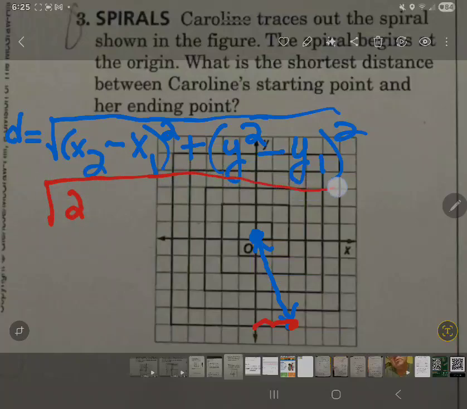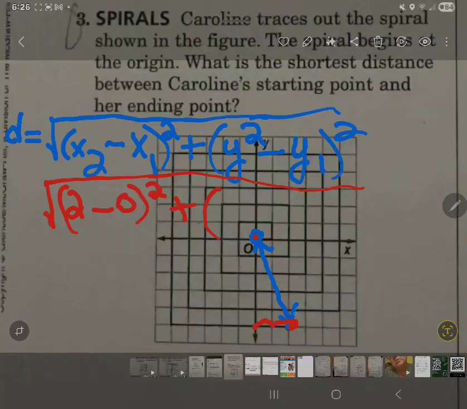And I'm going to go ahead and draw my big radical. So 2 minus, well, what's our closest x value? That first x value? Well, it's 0, isn't it? So 2 minus 0, and then we're going to take everything inside those parentheses and square it. Plus, and then what's our furthest y value? What's the y value right here?